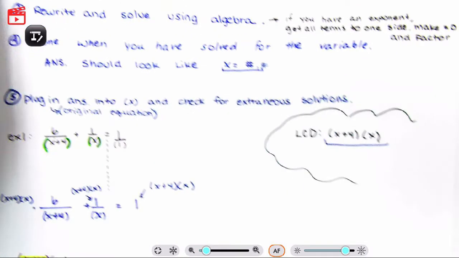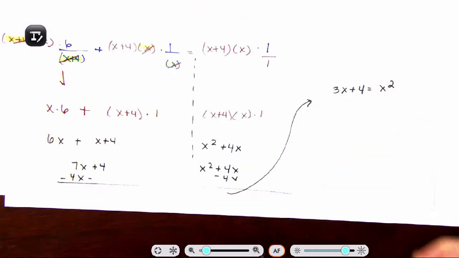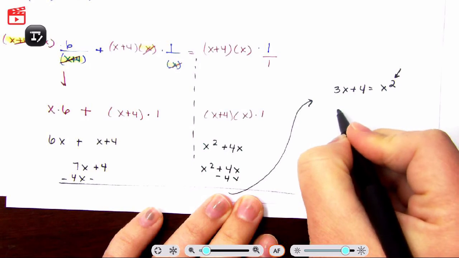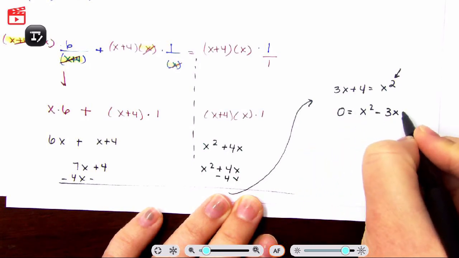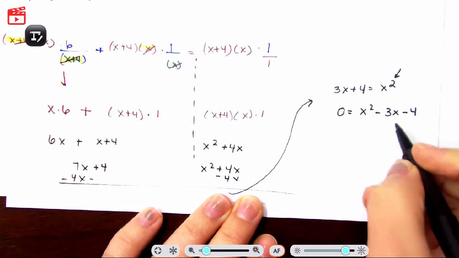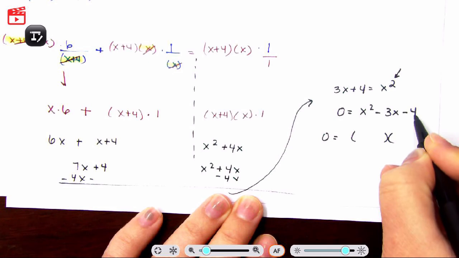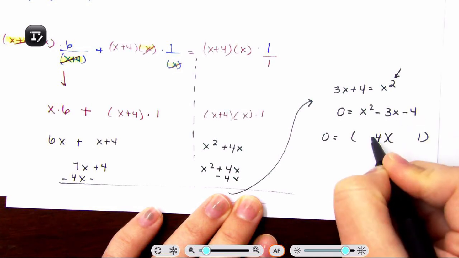So in this case, let me show you what I wrote. I have an exponent of 2, so I'm going to get everything to one side. I have 0 is equal to x squared minus 3x minus 4. I'm going to factor, which gives me 2 terms to multiply to negative 4 and give me negative 3, so it's 4 and 1.